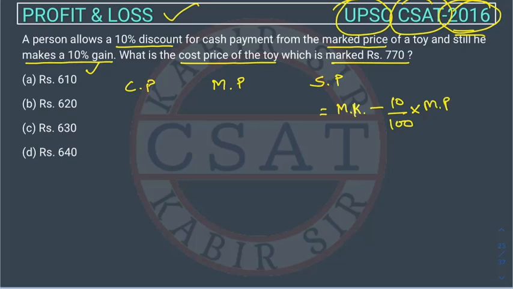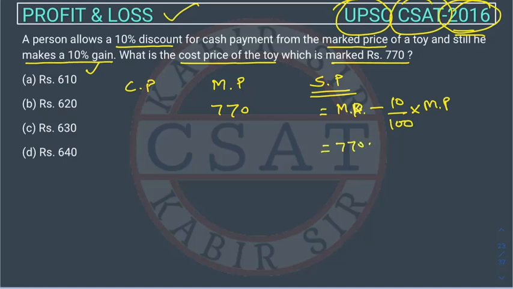This is MP, not MK, right? So he is offering 10% discount on marked price. It means that is his selling price, and the marked price is given as 770. So we will put this one here.